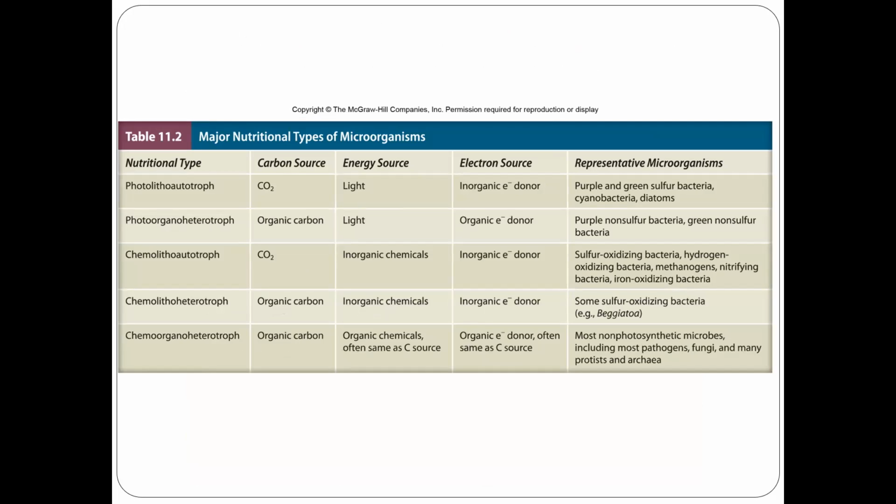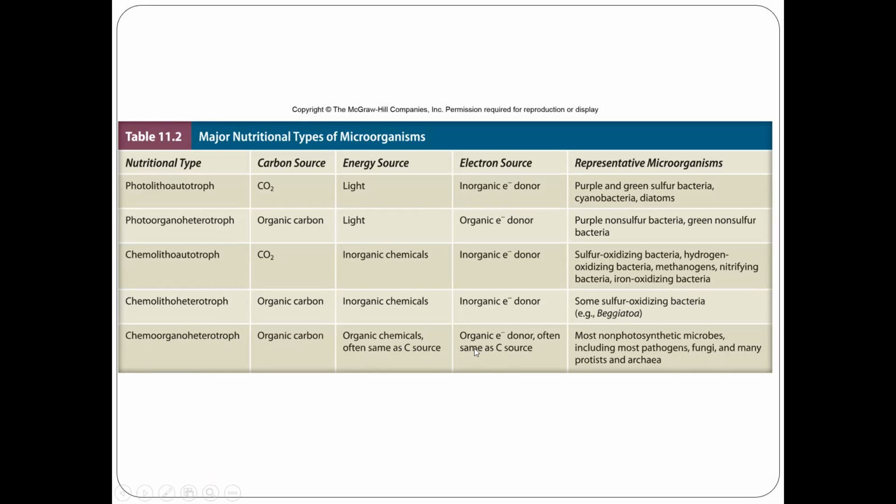It looks a little bit complicated, but it's a combination of everything. I want to briefly mention something. When we talk about the bacteria in the lab right now, they are chemoorganoheterotrophs, which means organic carbon coming from sugar is the carbon resource. The organic chemical, also from sugar, is the energy resource.